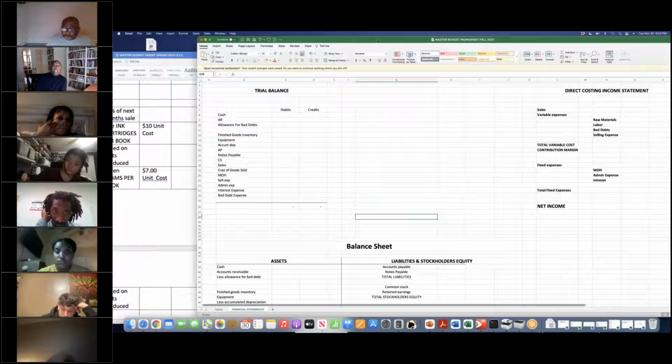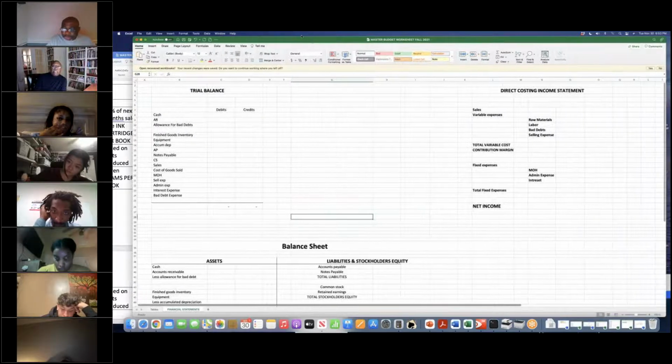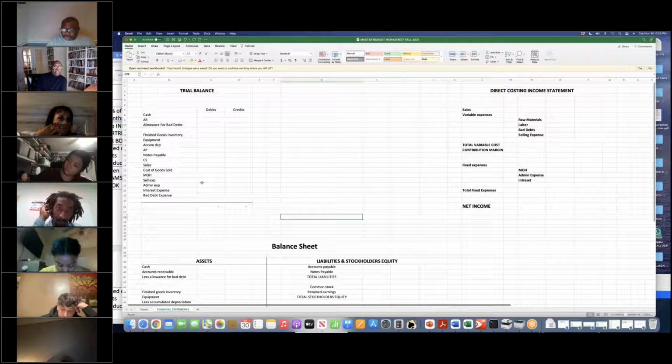So Dominique, no matter what, you let them do that, but you get this trial balance balanced. And I think I have all the accounts. If I left some out, that's fine, but I think these are all accounts you need.